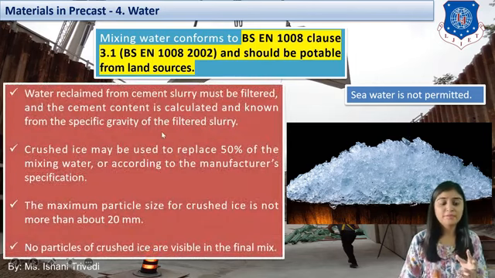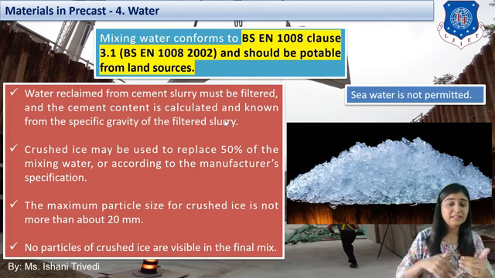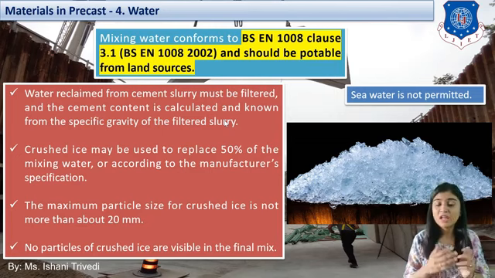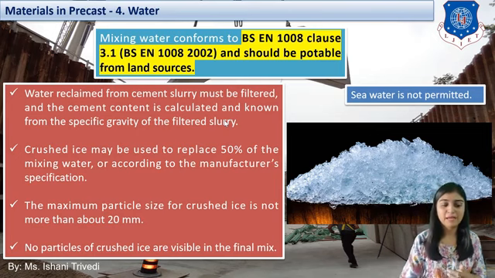The water reclaimed from cement slurry must be filtered, and the cement content and specific gravity calculated. See what it's trying to say here: whatever excess water goes away from the cement slurry can be reclaimed once again, filtered and reused. That is what is mentioned in this particular code of practice.